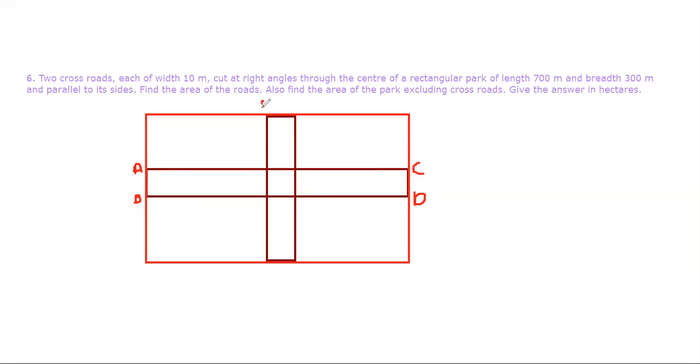Then the other crossroad is E, F, G and H. Then it is I, J, K, L. So what is IJKL?